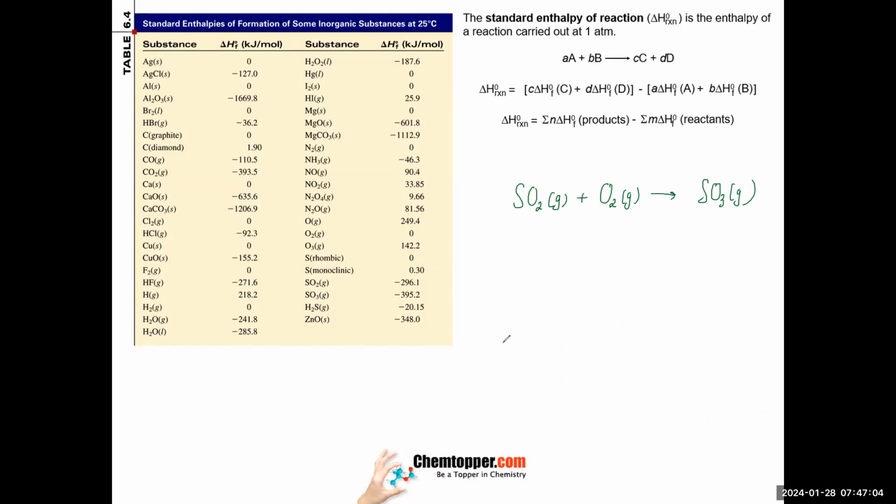I need to balance the equation. So if I take 2SO2 and 2SO3, now this is balanced equation. Calculate delta H of the reaction. I want answer from all of you using the formation values.